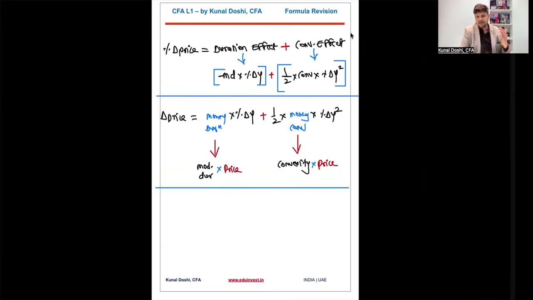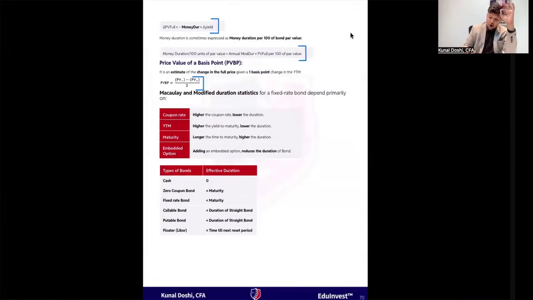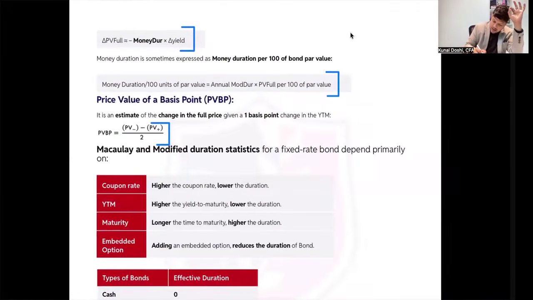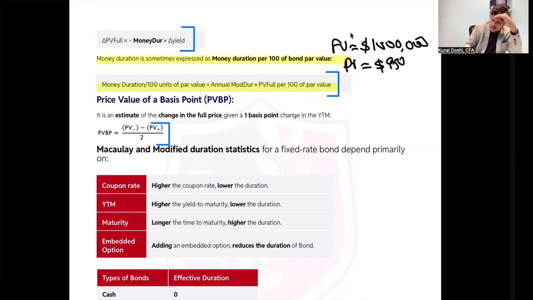All right, everyone. See, in exam, they may ask you based on total or based on a single bond. If they ask you based on a single bond, you will take individual bond price. Let's say the total bond value, the face value, is 1 million. And the total price of the bond is, let's say, 950,000.